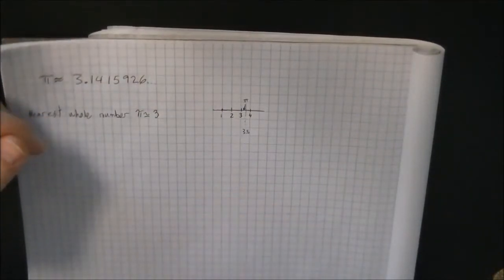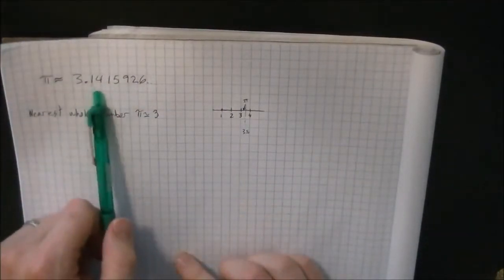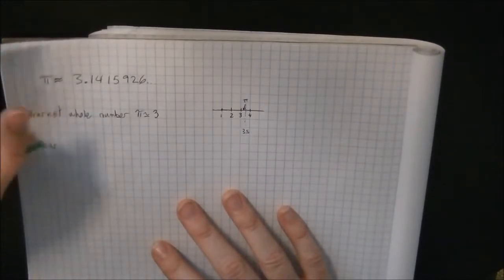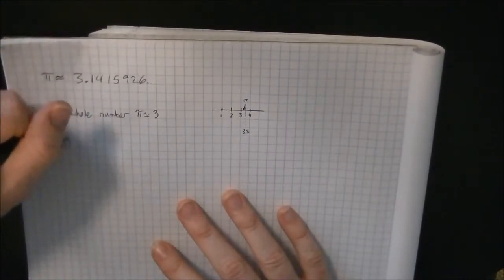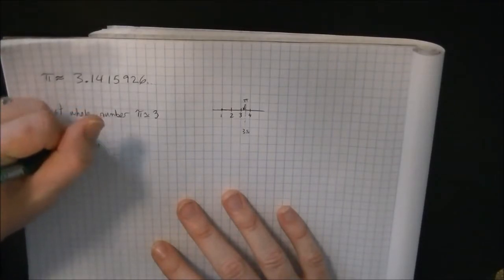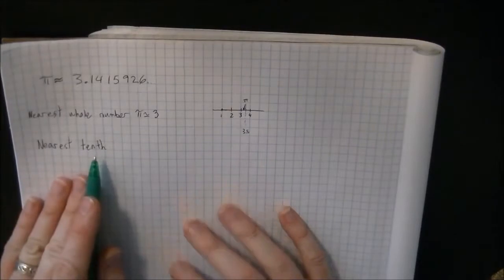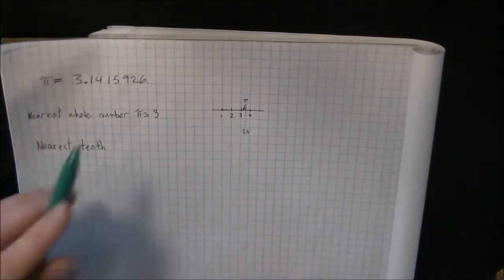Let's try one more, another simple one, to the nearest tenth. Make sure that you know the place value names. That's important so that you can do this.